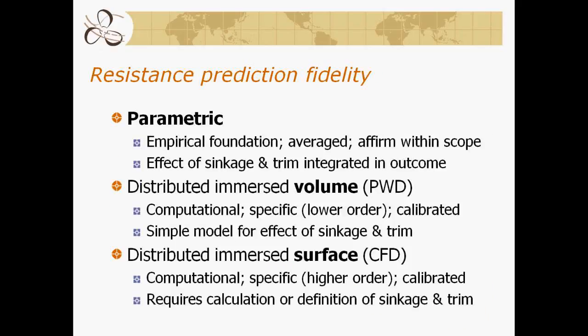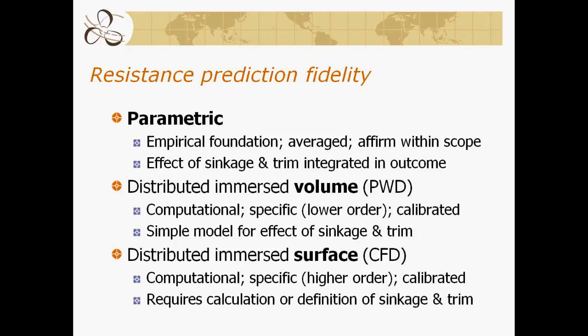Now, resistance prediction fidelity, and by fidelity you could use the term accuracy, is different for each of the methods as well. And so let's look at the three different approaches and put them into context with each other.